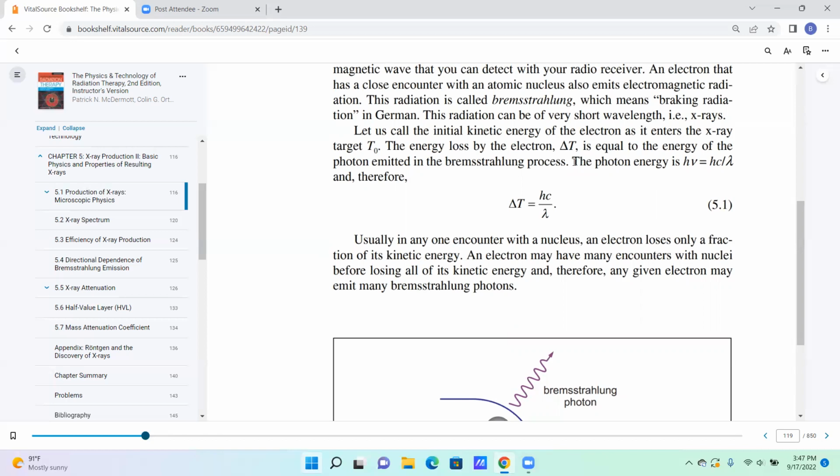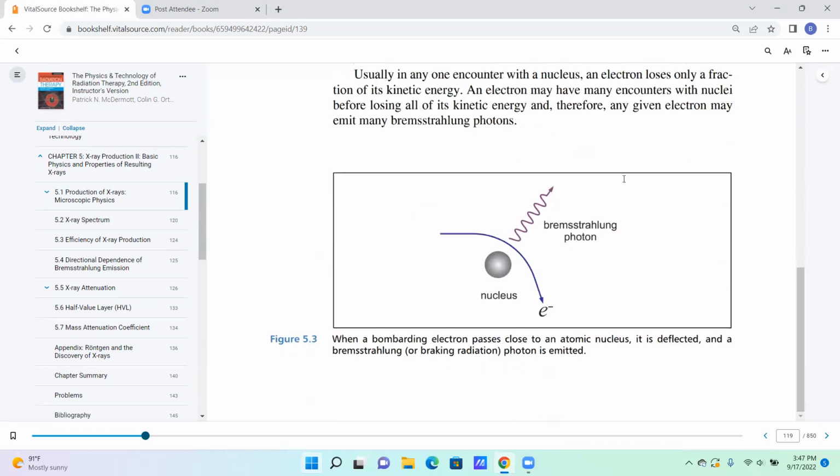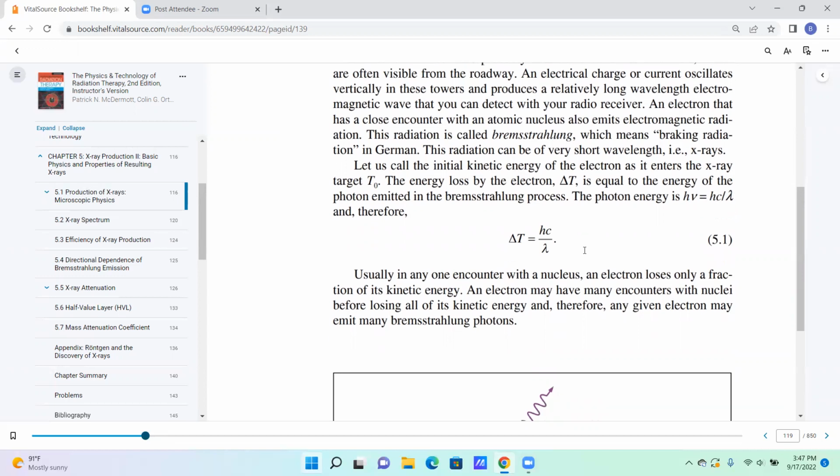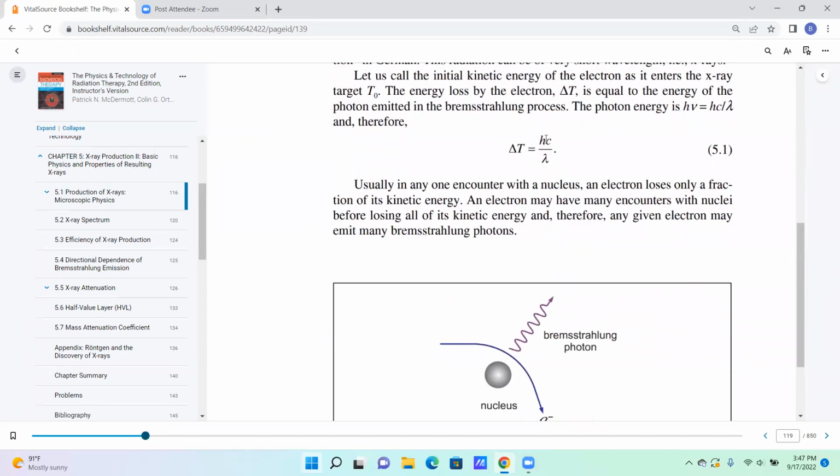But whatever that loss is, it's the change in that energy, or delta T. And the photon energy is going to be h nu, which is the same thing as h times the speed of light divided by the wavelength. In other words, the change in the energy is going to be hc divided by lambda.